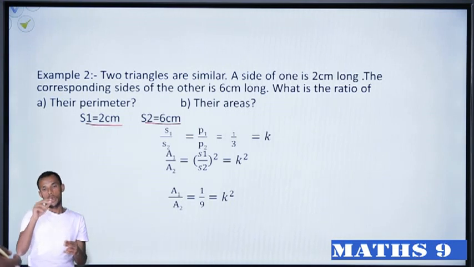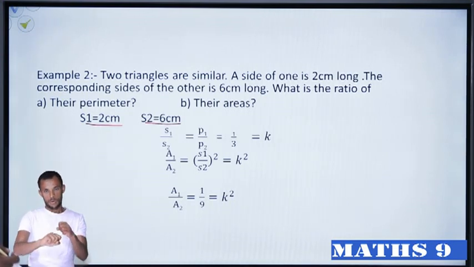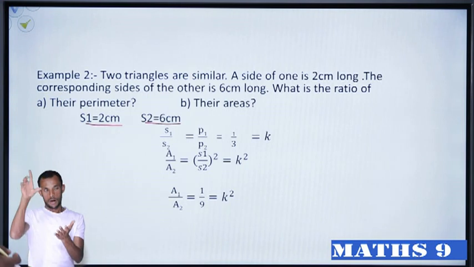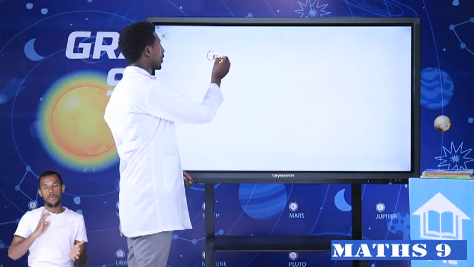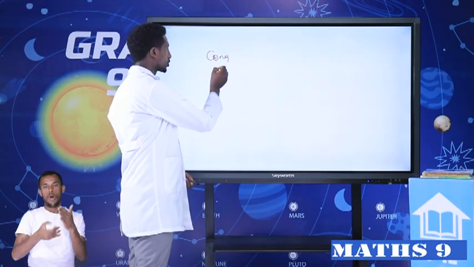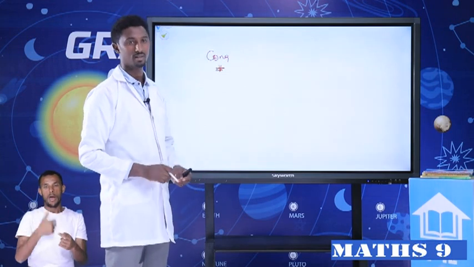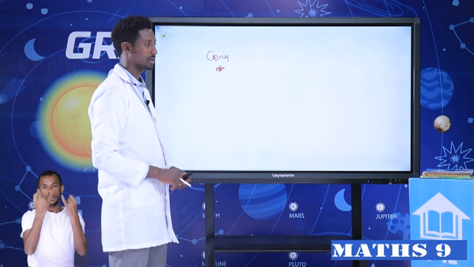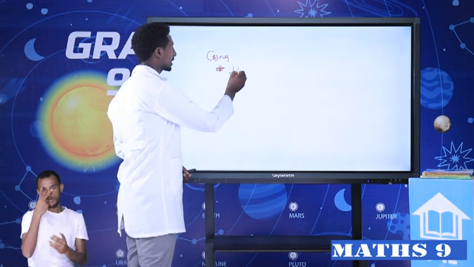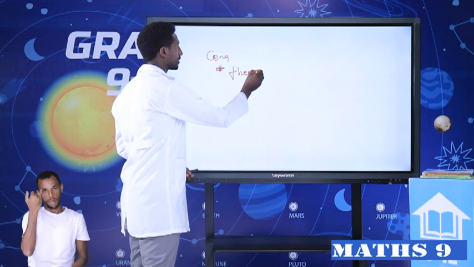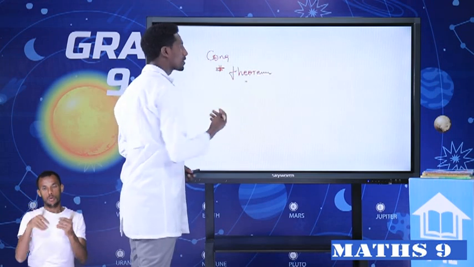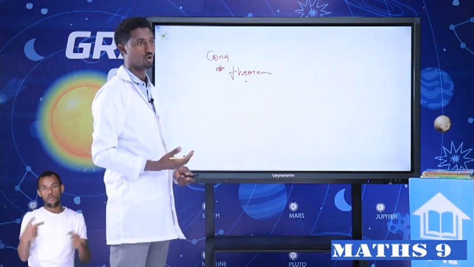Here we can revise the main points. We have seen what is congruent. Two figures are said to be congruent if they have exactly the same shape and the same size. And we have seen theorems on how to prove whether any pair of triangles are congruent or not.